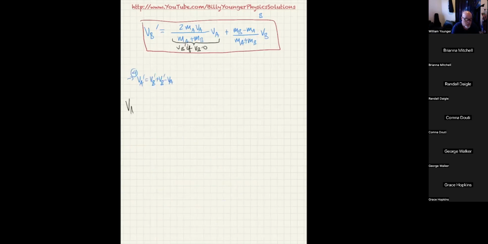VA prime, whoa, we're using blue, so I'll go back to blue, and get rid of this extra B here. VA prime is actually supposed to be VB prime, which is what we got here.